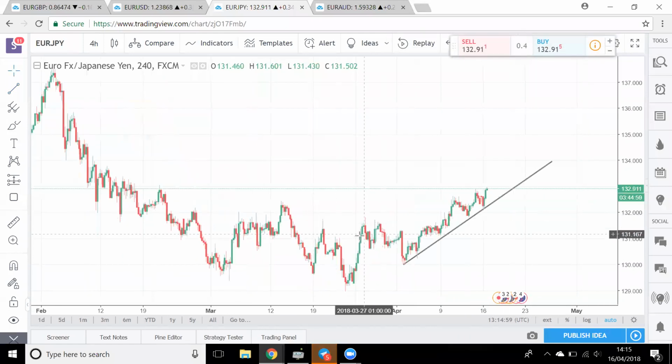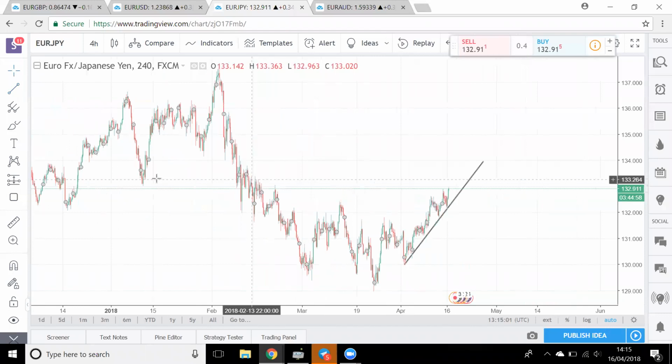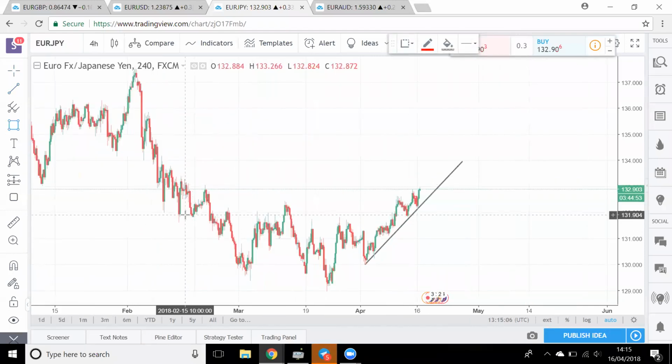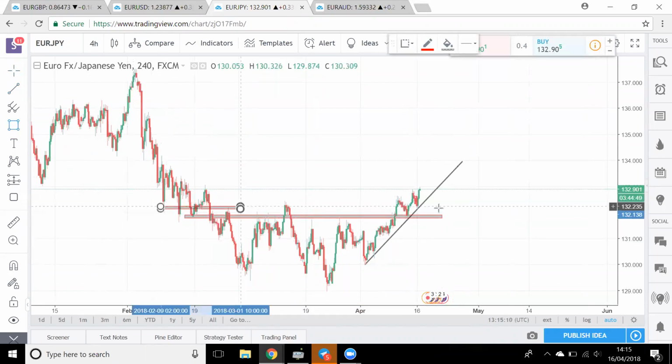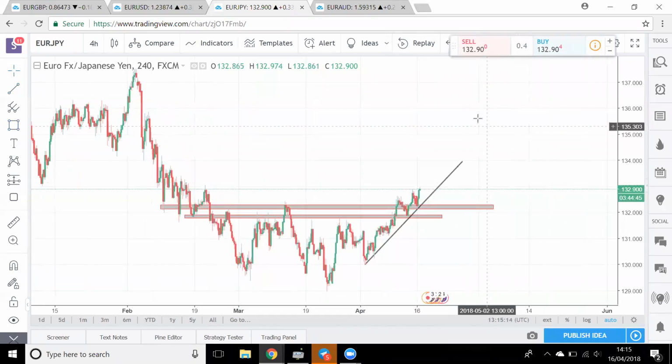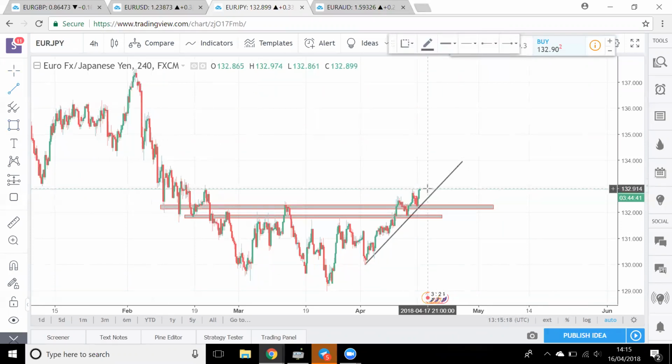So to get into this trade, we have these zones here. Yeah, so I want to see a pullback into, I think, this zone here.